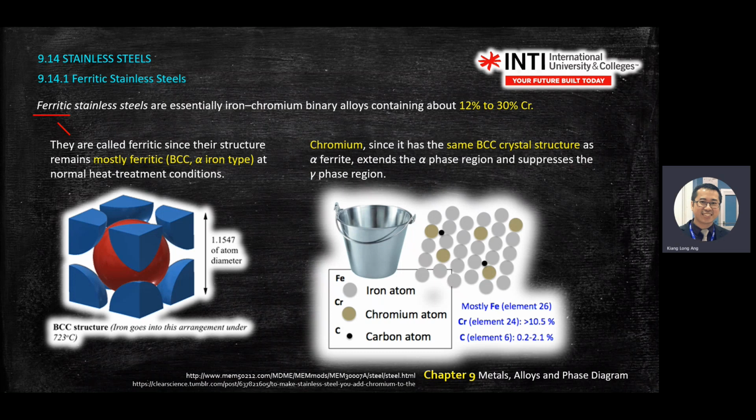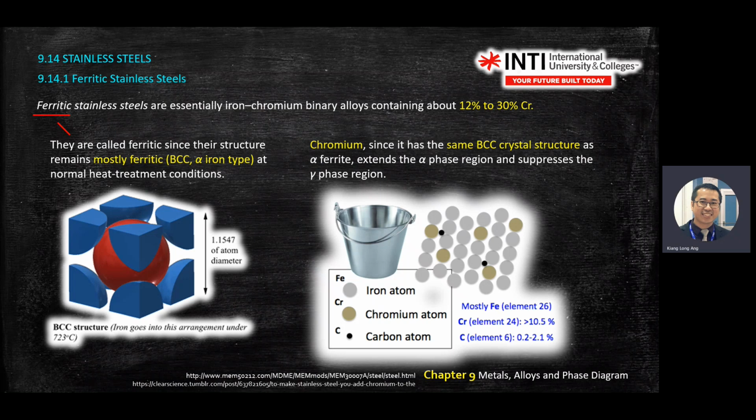The first one, ferritic, is alpha. If you have alpha, you have more ferritic BCC, then you are creating a ferritic stainless steel. On the phase diagram, you play with the percentage of chromium, and then you observe the change of gamma to alpha.